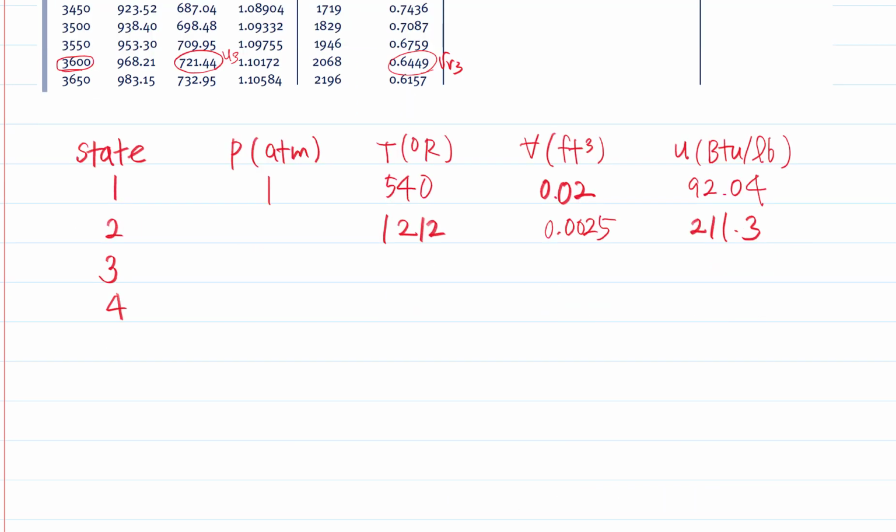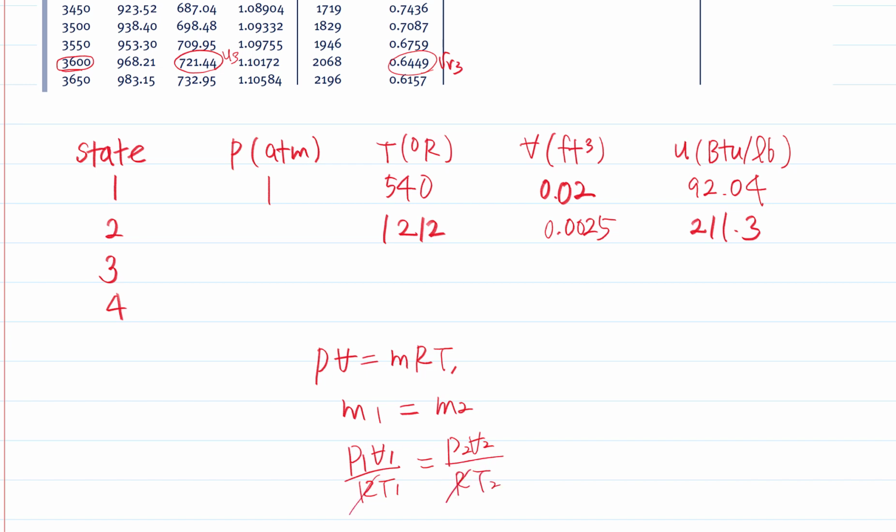Mass remains constant throughout the processes. Using the ideal gas law, PV equals mRT. Mass at state 1 equals mass at state 2. So we can write P1 V1 over RT1 equals P2 V2 over RT2. R cancels out and we can solve for P2.